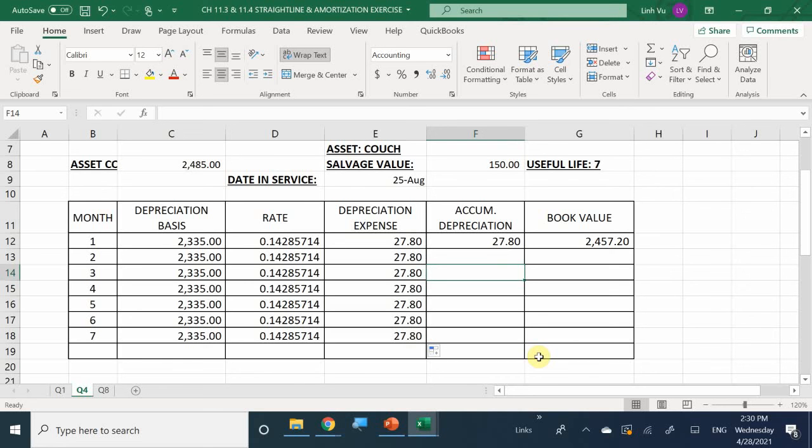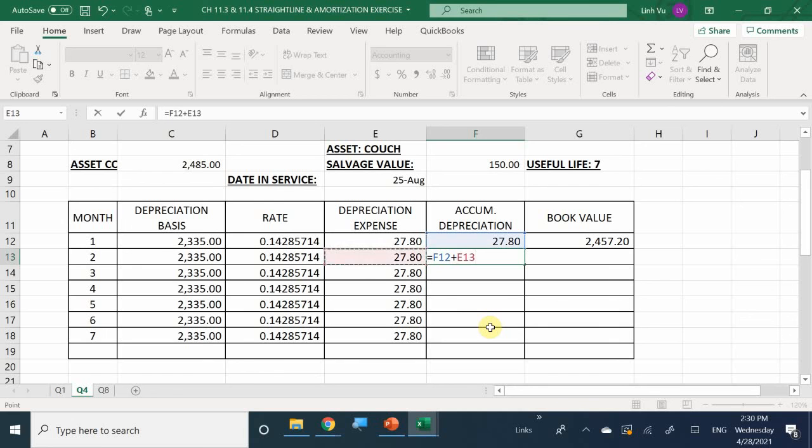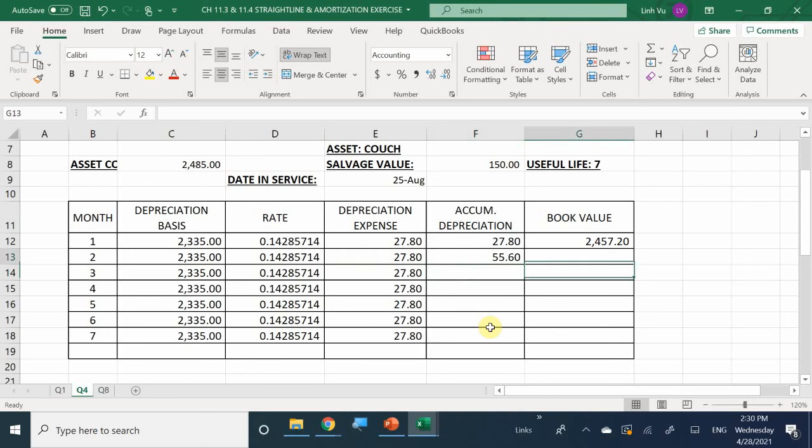Okay. So then let's go ahead and fill out the rest of my table. What's my accumulated? 57 what? 50? 60? Good. Therefore, what's your book value going to be? 24.29 and 40 cents. Good.